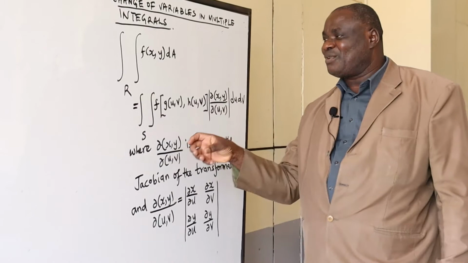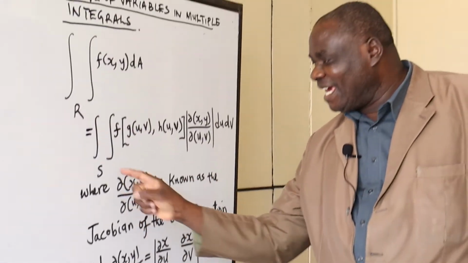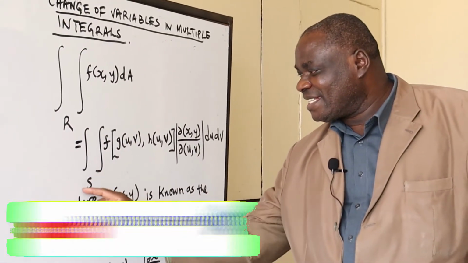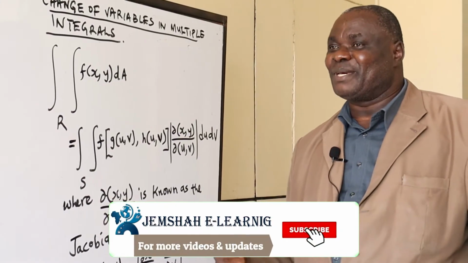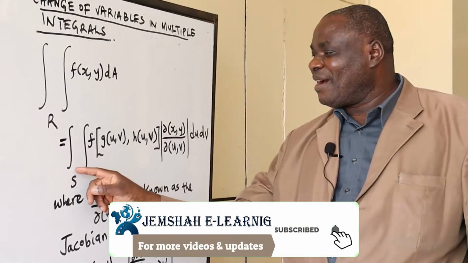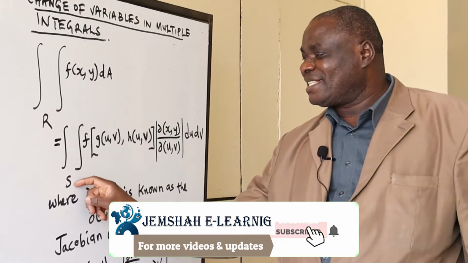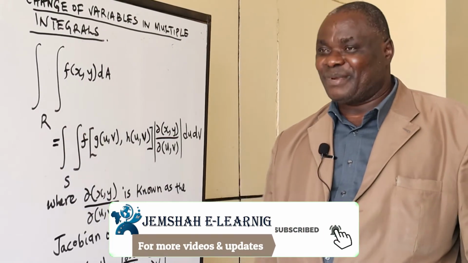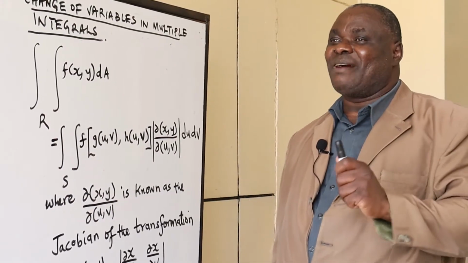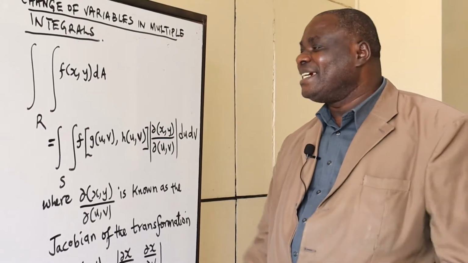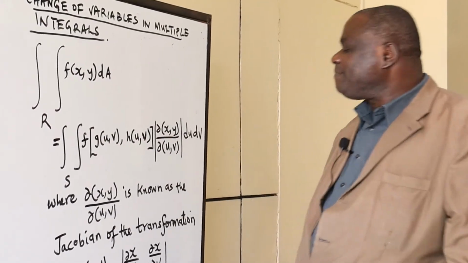So we are transforming our region R into a region S. S here just stands for transformed. The region S will be different from region R, and this will be after the transformation done to region R.